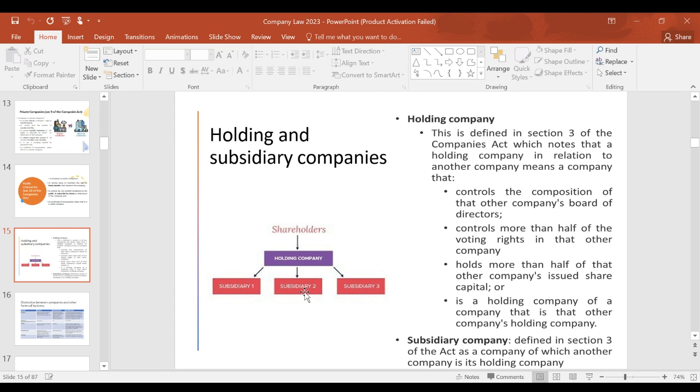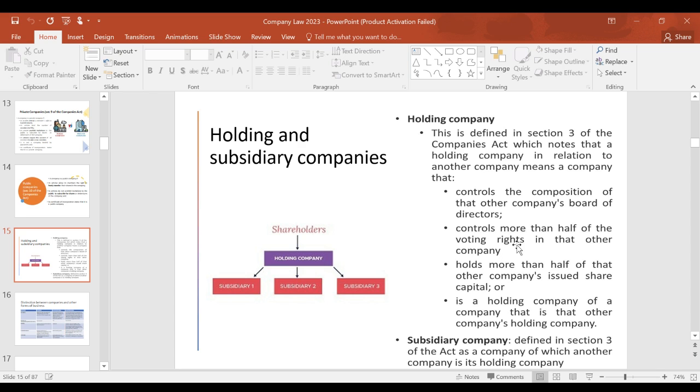So subsidiary companies are always under a holding company which has the following characteristics as per Section 3 of the Companies Act, which note that the holding company controls the composition of that company's body or board of directors.